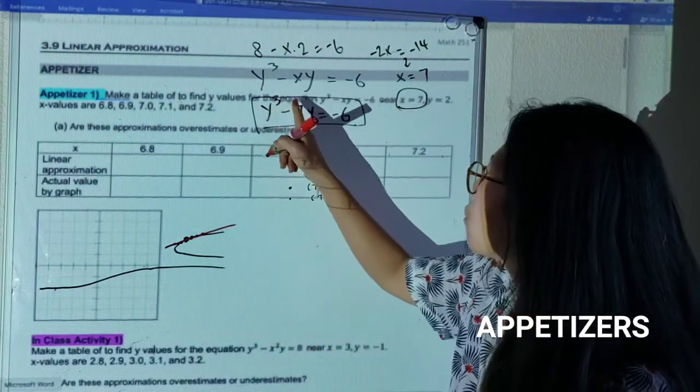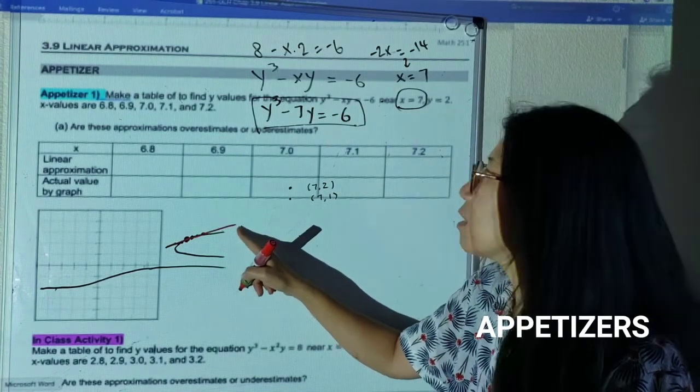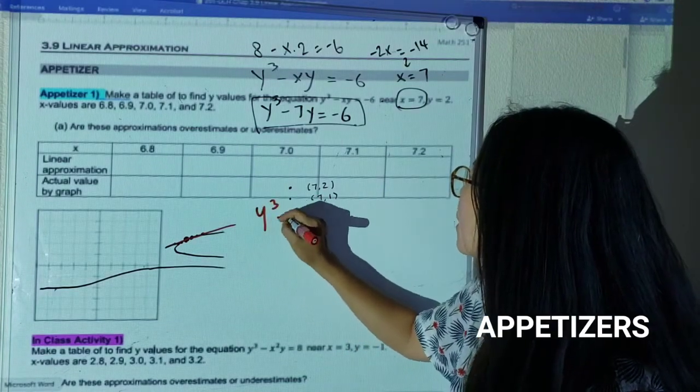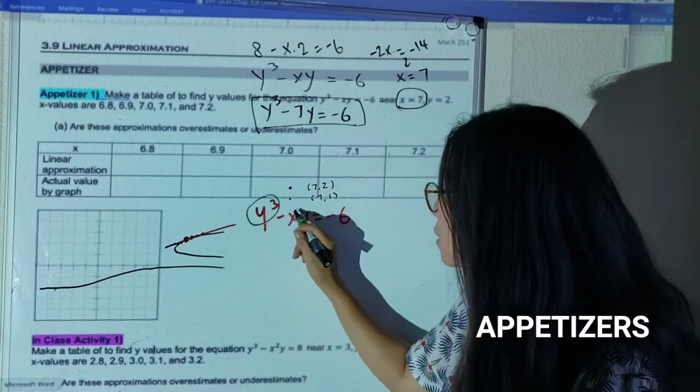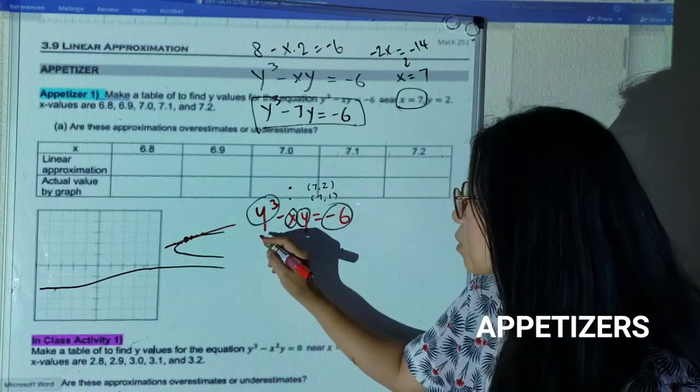In this case, if I want to find this red color line, first we need to find the slope by taking the implicit derivative of y cubed minus xy equals negative 6. And if you look, there's going to be a product rule. So let's try to take a derivative.